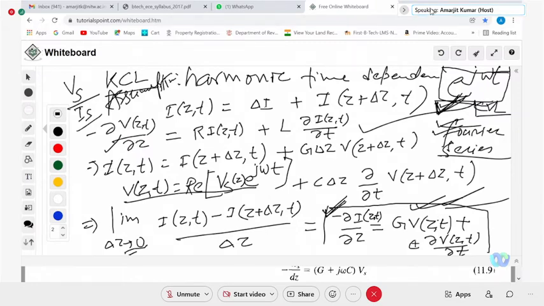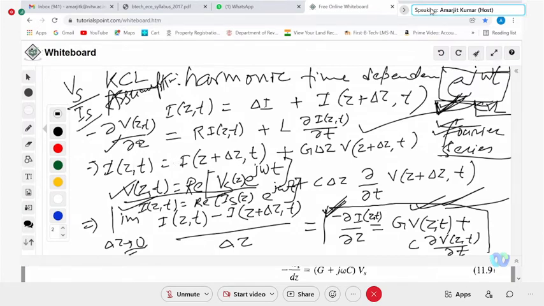In this equation also, i(z,t) is equal to the real part of I_s e to the power j omega t. So these two you have to put in these two equations. So what will you get then?